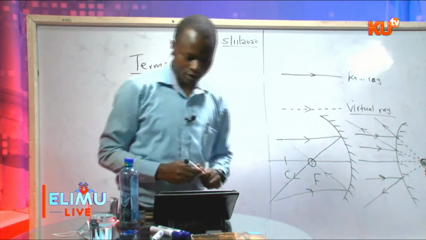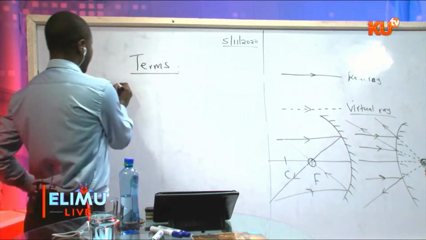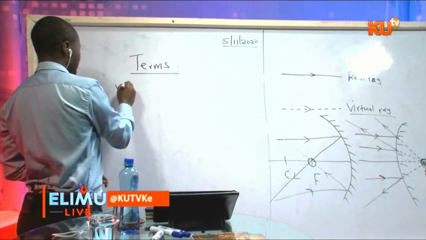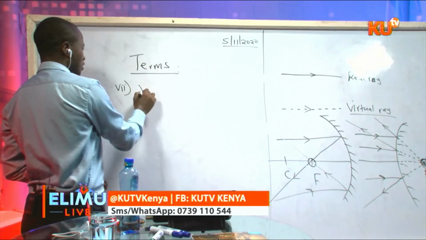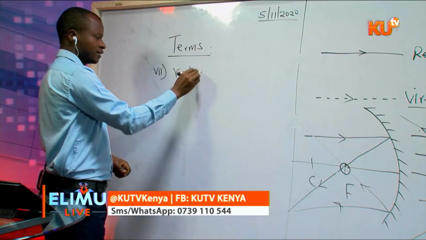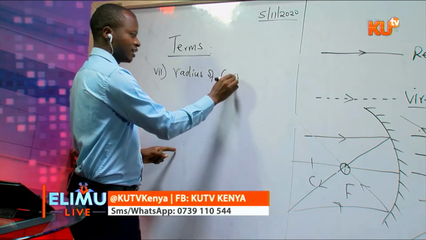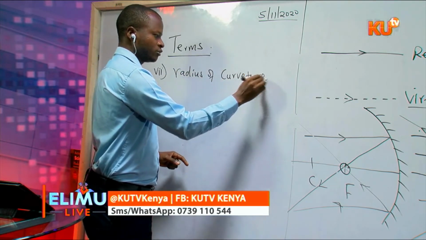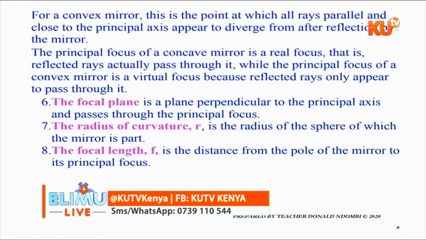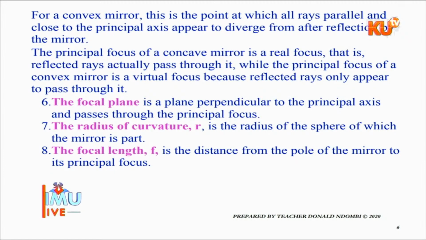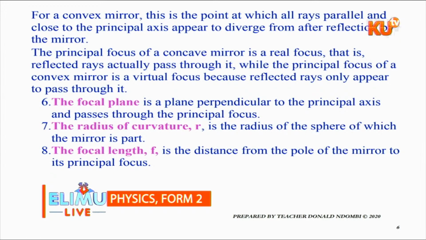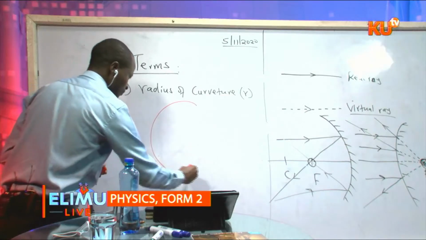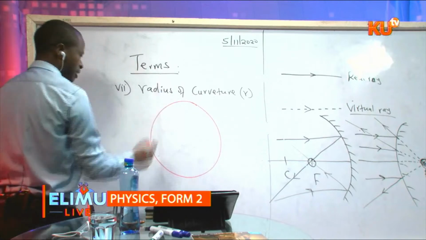Then there is something called the radius of curvature, R. That is number 7. Small r, or radius of curvature. What is usually r? The distance from the center of a circle to the circumference. So that means initially we had a whole sphere like this. Remember that?